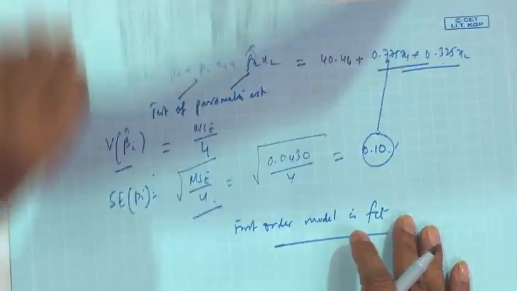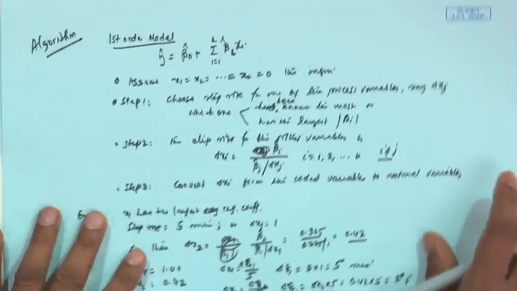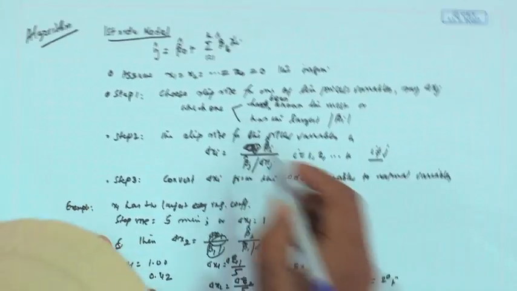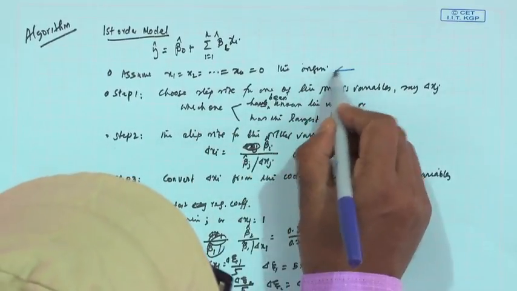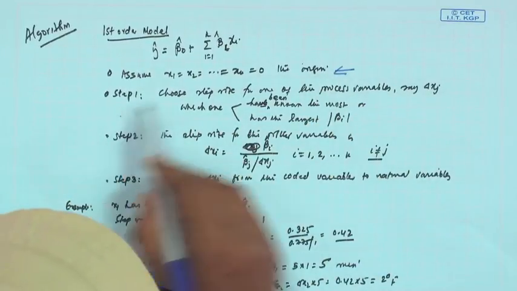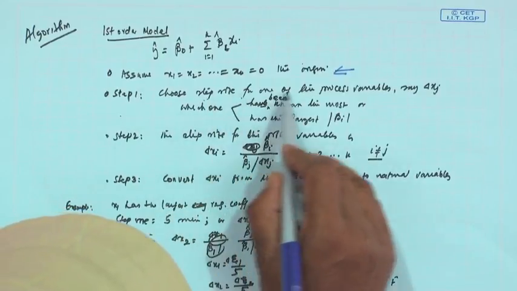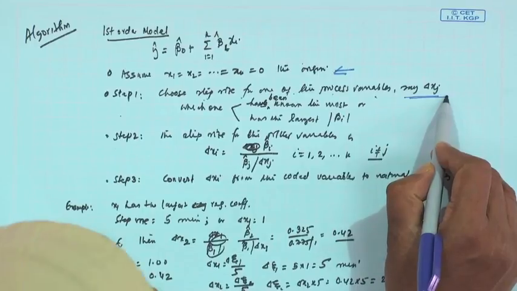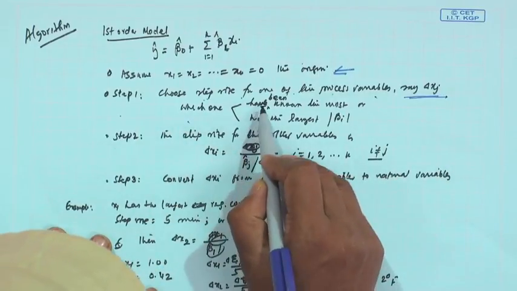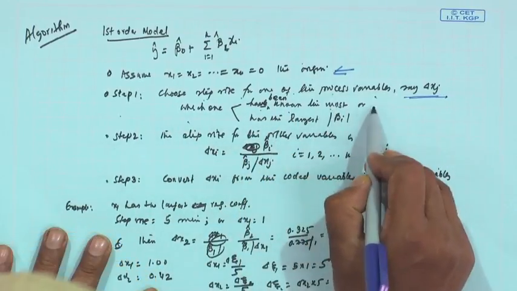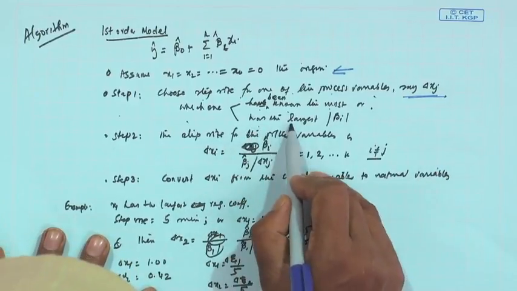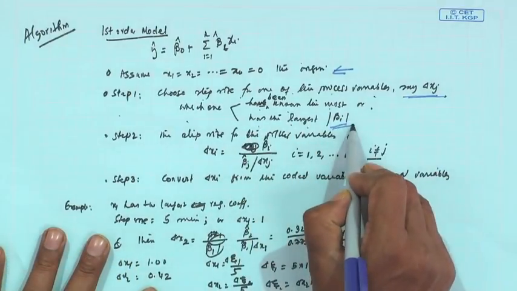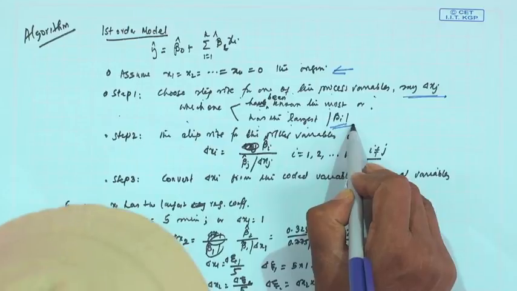Let us go to this. Okay. So, these are basically the steps. You start with the origin, then step 1, choose the step size for one of the process variables, say x j. Which one will you choose? The one known to have the largest contribution in terms of effects.